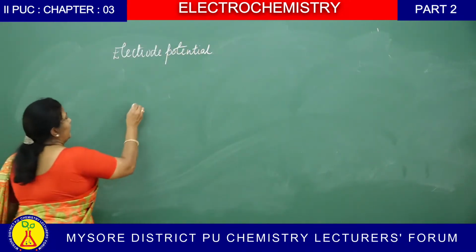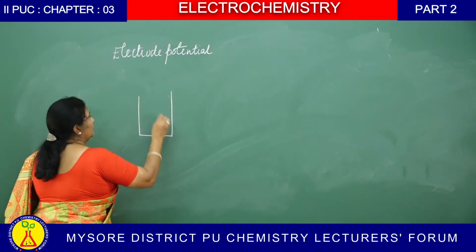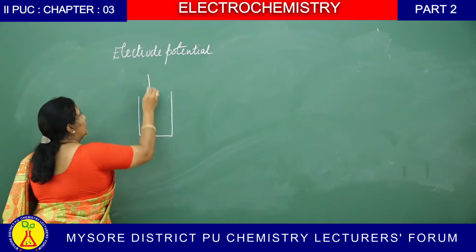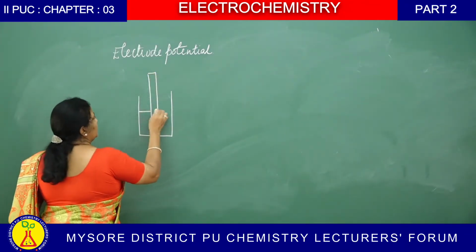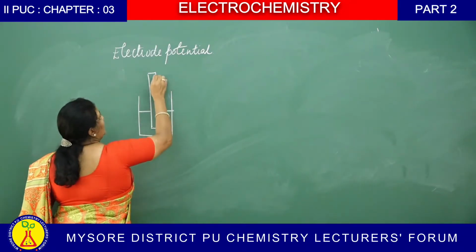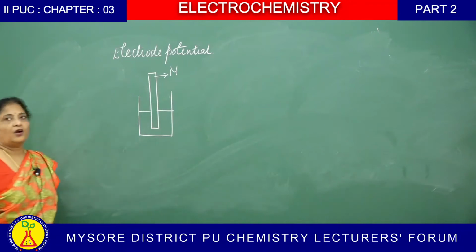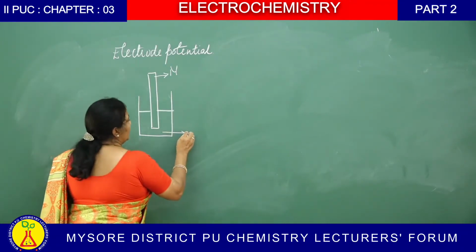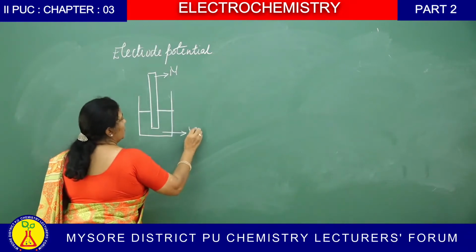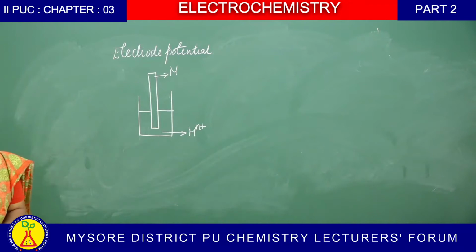So, what is an electrode? An electrode is nothing but a metal piece M which is in contact with a solution containing its ions.